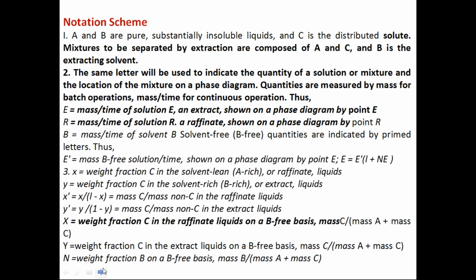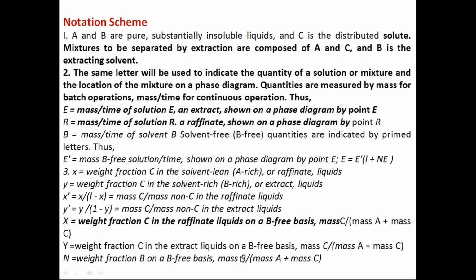Then another thing, N, is the weight fraction of B on a B-free basis. B means solvent. On a solvent-free basis, you estimate the weight fraction of the solvent without the solvent. Suppose you take the extract; in that extract you have B, A, C. You just exclude B, take only A and C, and find out how much solvent weight is there on a solvent-free basis.